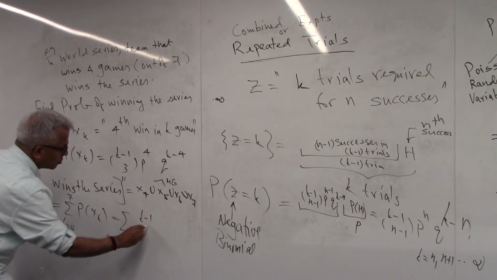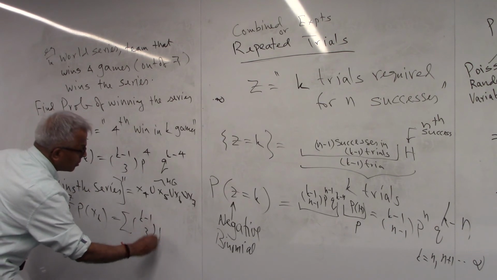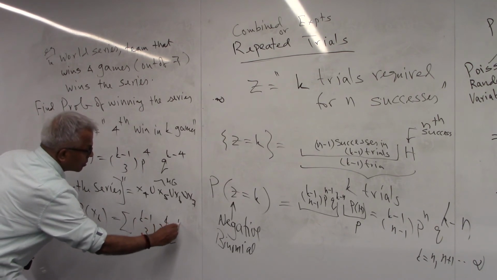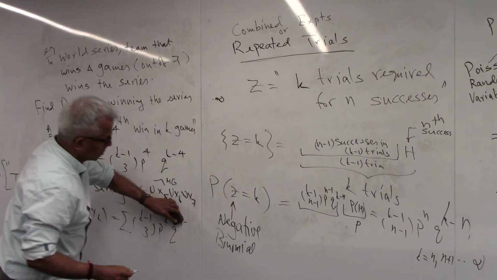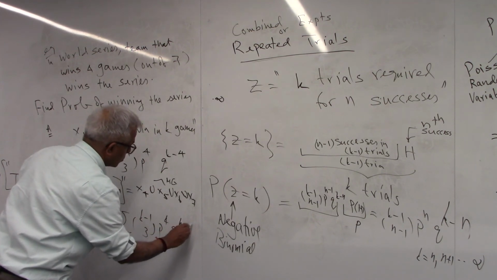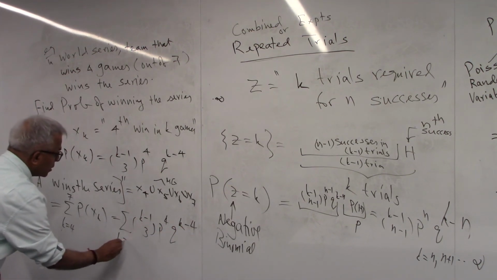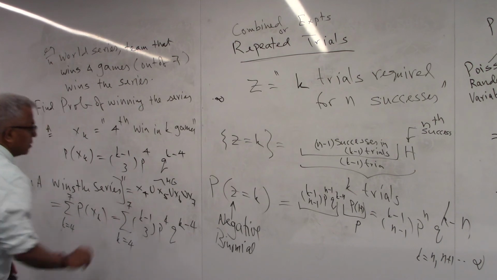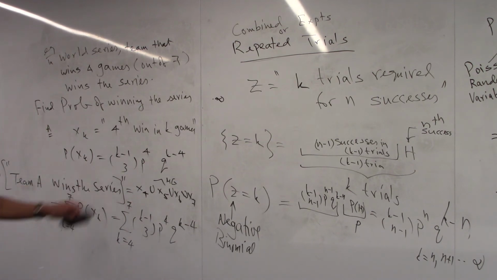So k minus 1 choose 3, p to the power 4, q to the power k minus 4, and k goes from 4 through 7. You can replace k by n if you like. So the question is, what is p?